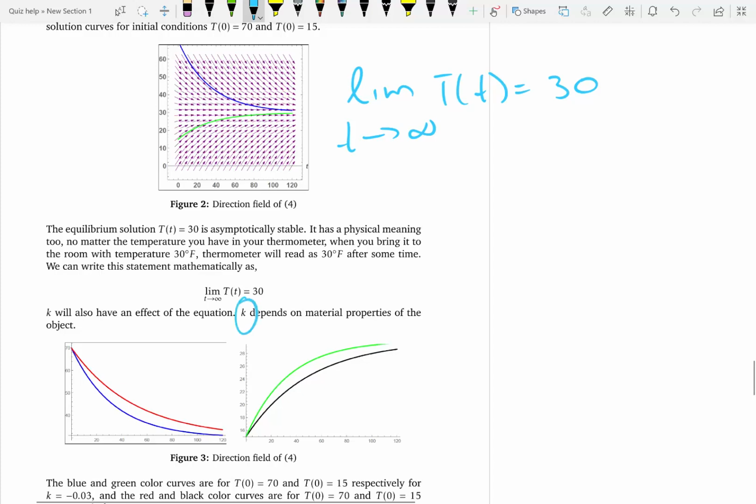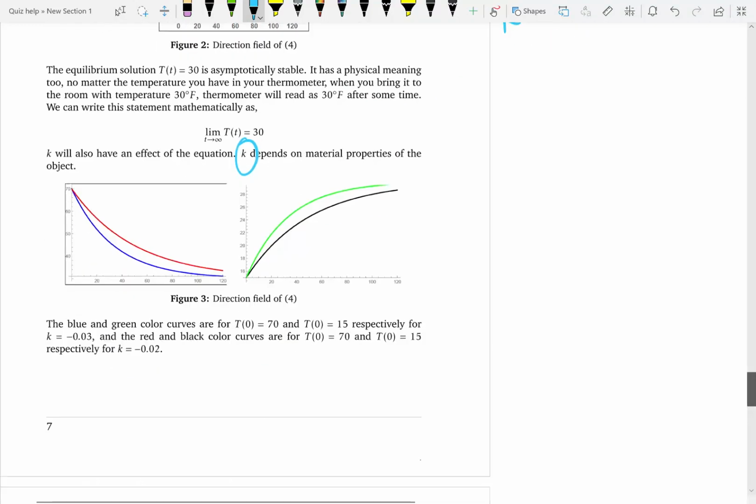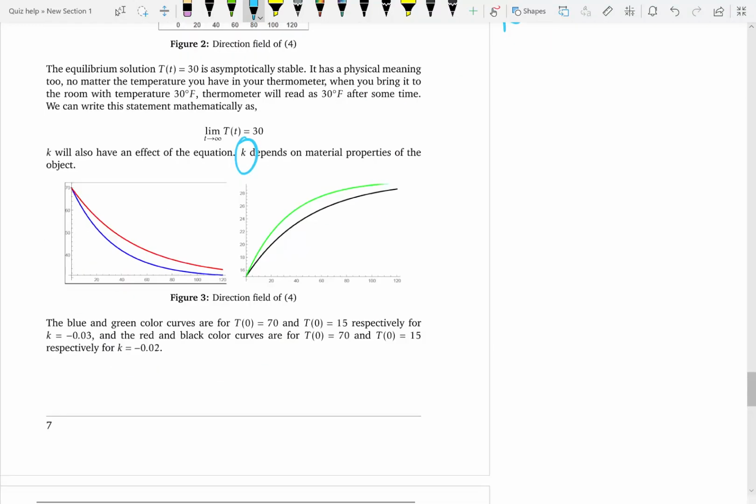Okay, now the other thing we need to discuss is K. K is the proportionality constant, and we say it depends on the material properties. Now think about this situation. You have a cup of coffee and you want to go to work. Let's say you put this cup of coffee in a thermos, which will keep your coffee warm.